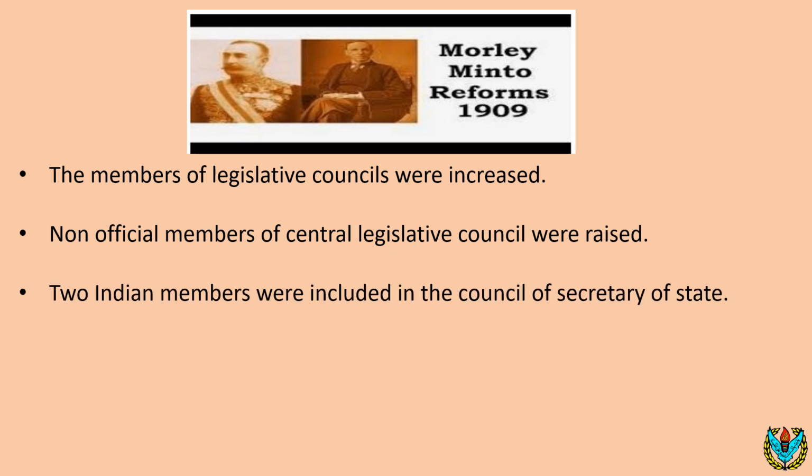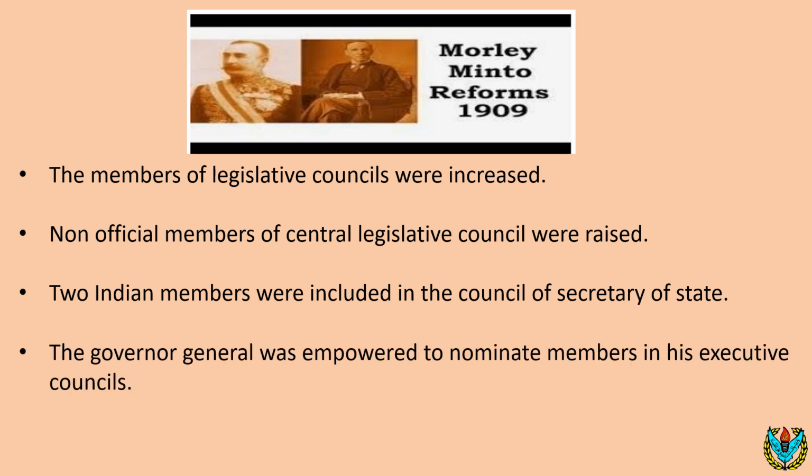Number 3, 2 Indian members were included in the Council of the Secretary of State. Number 4, the Governor General was empowered to nominate 1 Indian member out of 5 members in his Executive Council.